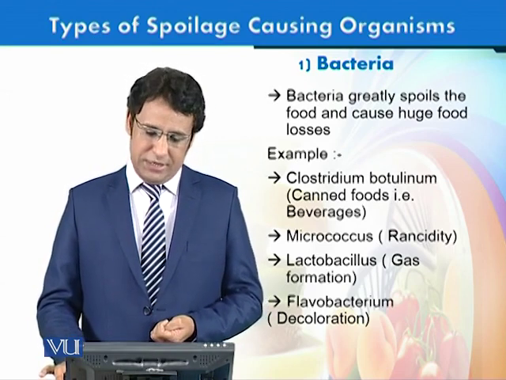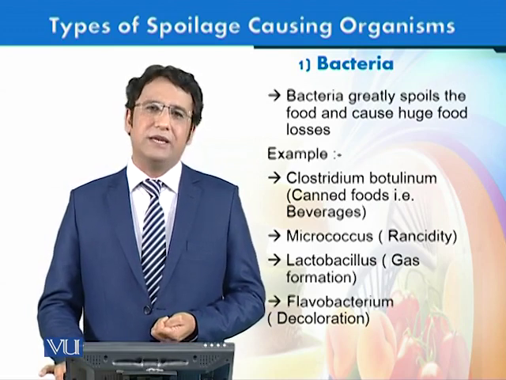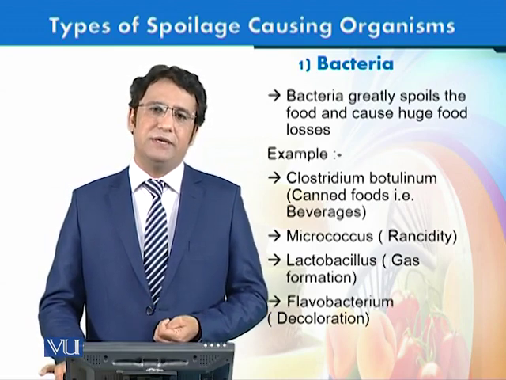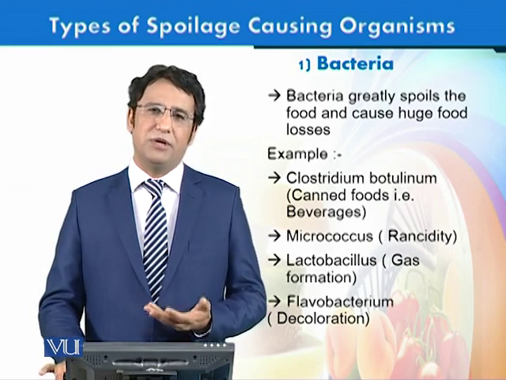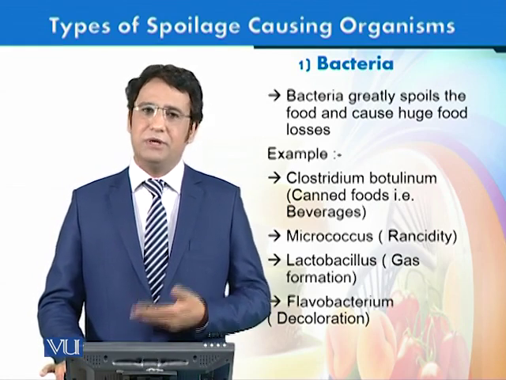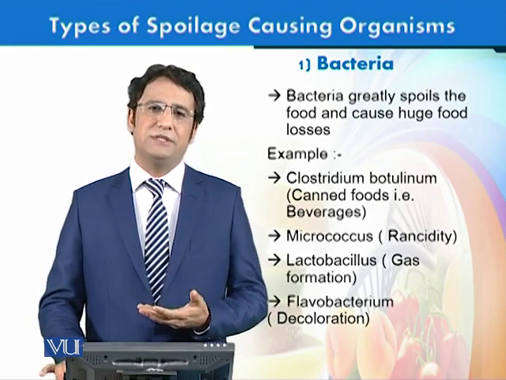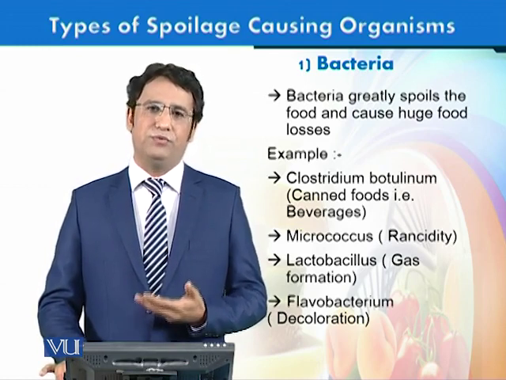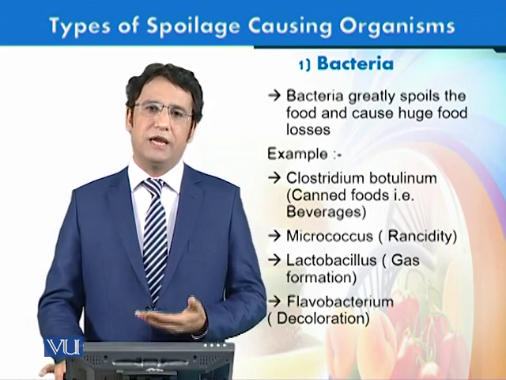Another group of bacteria are Lactobacillus. They are gas former bacteria. Sometimes you can observe that the canned product could be bulging because there is a growth of these kinds of bacteria in the canned product.